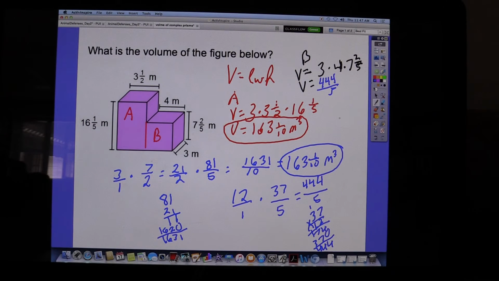Now I'm going to use a different color to add those volumes together. And I think I might clear me a little space here. So I want to keep this up here, 1,631 over 10. Okay, so let me clear a little space here to do some of my computation.